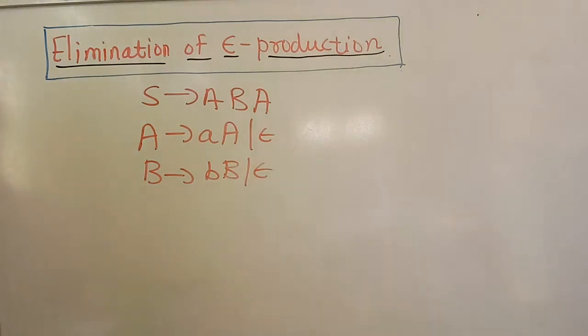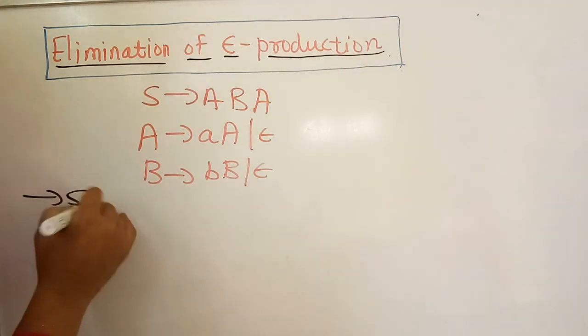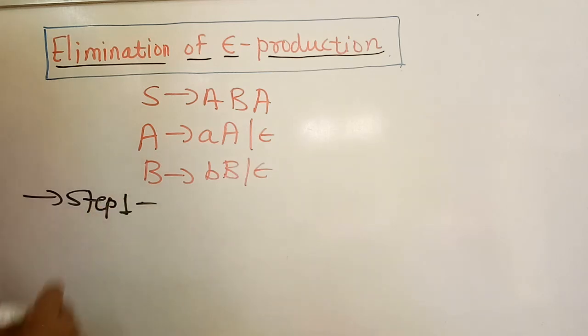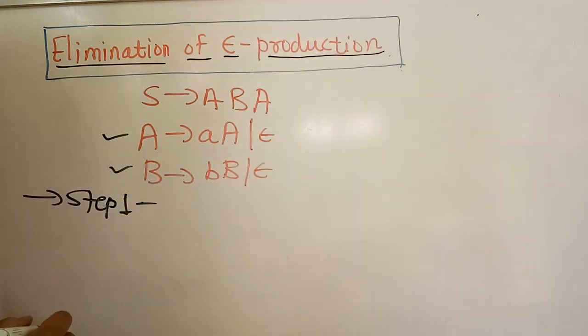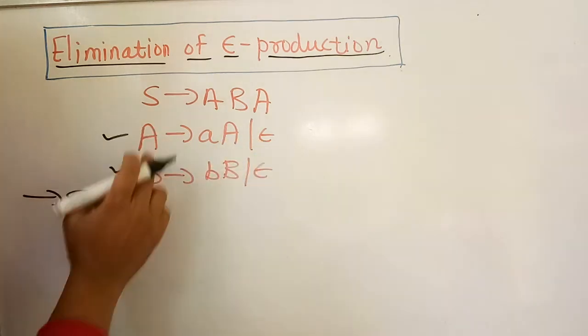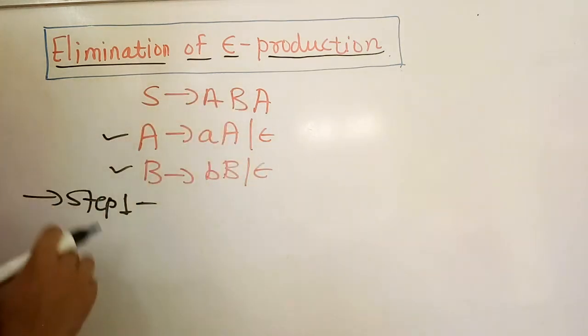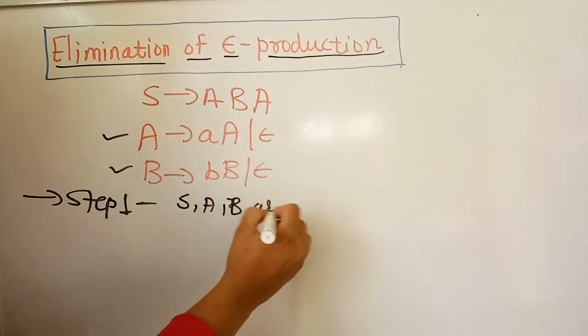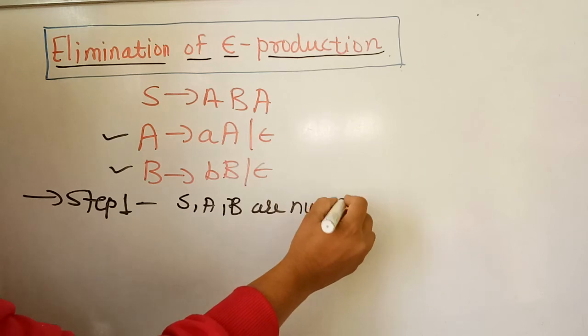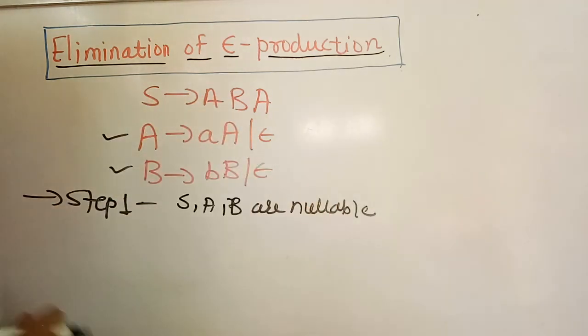Consider this grammar, and we have to solve it for elimination of epsilon productions. First step was finding the nullable symbols. Here A and B directly give the productions of epsilon, and these are contained in the production rule of S. So S, A and B are nullable, means we have to replace them in our grammar.